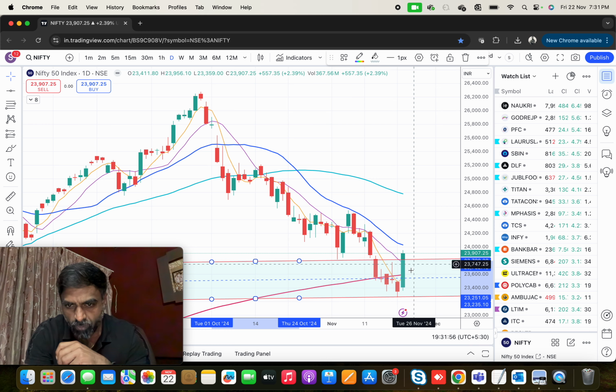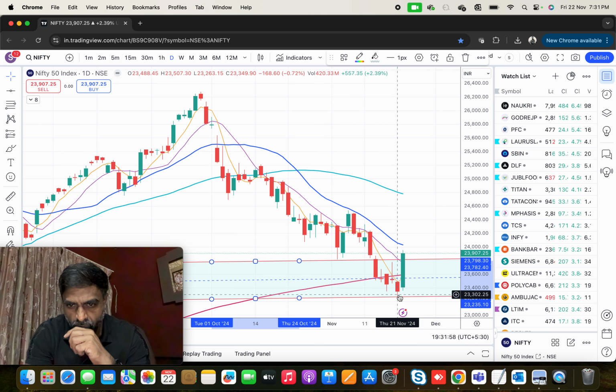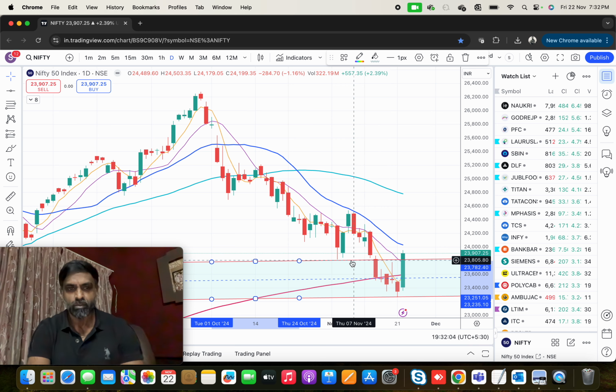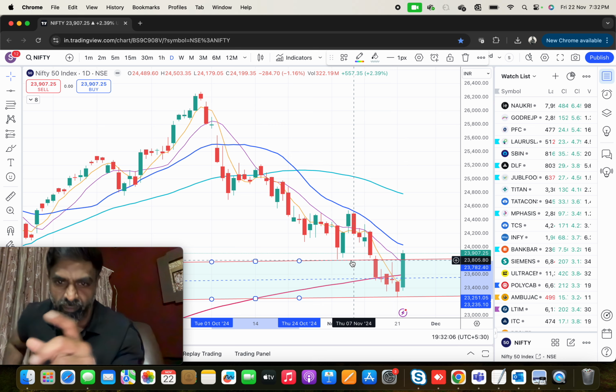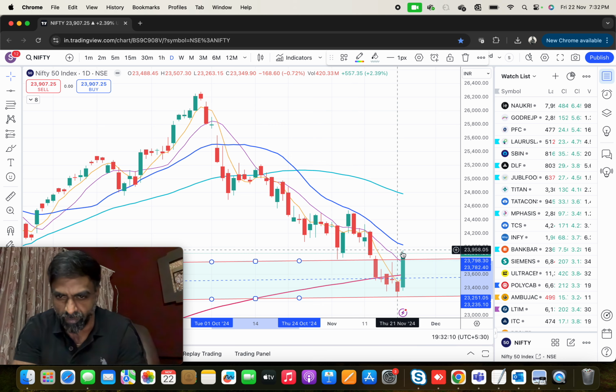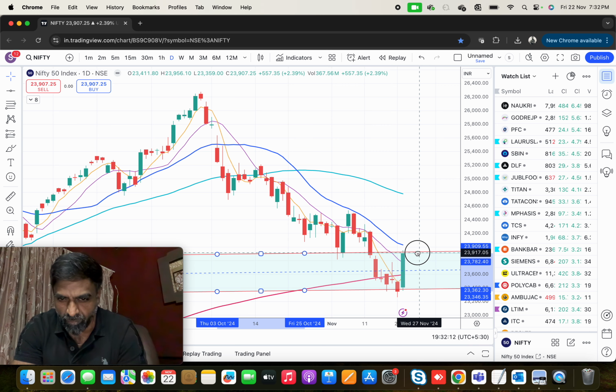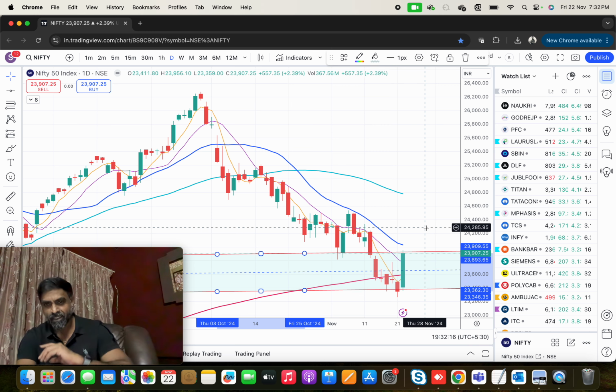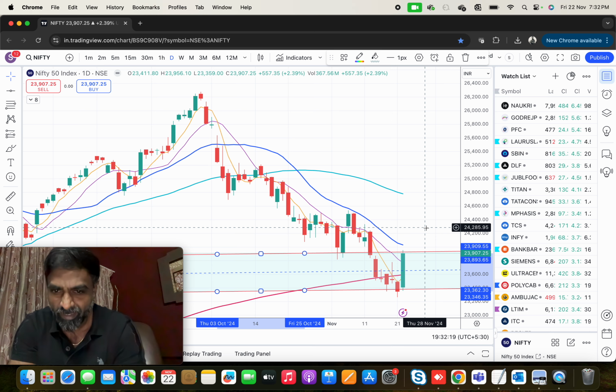Whenever it touches the bottom of the channel, it always tries to go up. But if this is the width of this area, the movement that's happening recently, today this entire area is spilled from end to end. A single bar has moved up.